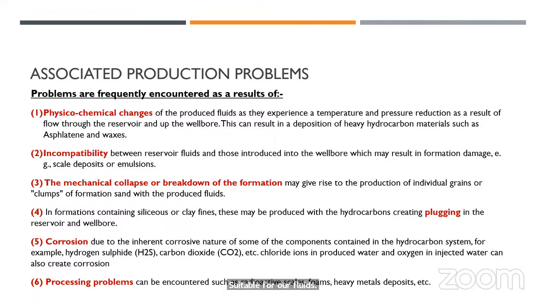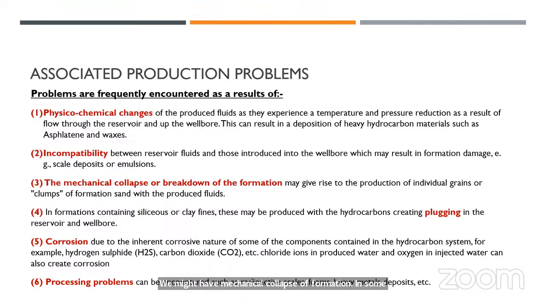Okay, another concept of production technology is production problems. We have a lot of production problems that might occur during this production system operation. Major problems like incompatibility. Incompatibility means that if we have completion fluids incompatible with the formation fluids or formation water, we might have some plugging of scale. We might have mechanical collapse of the formation in some cases.